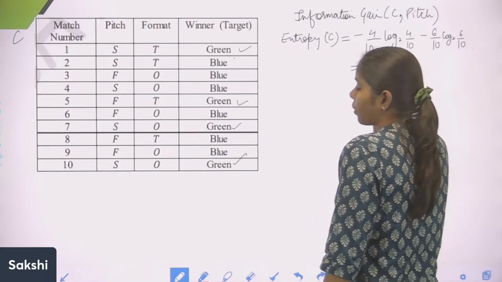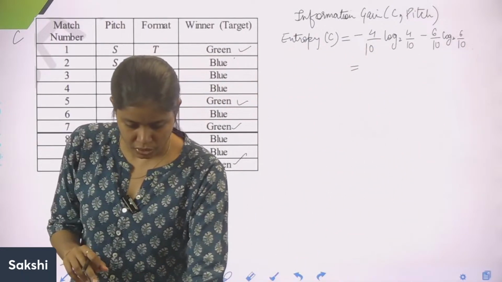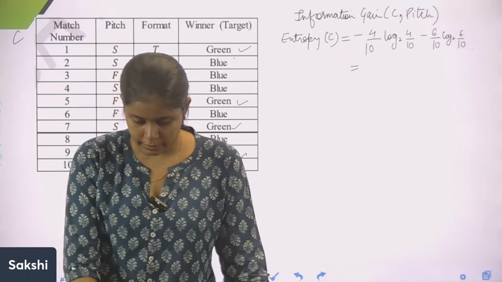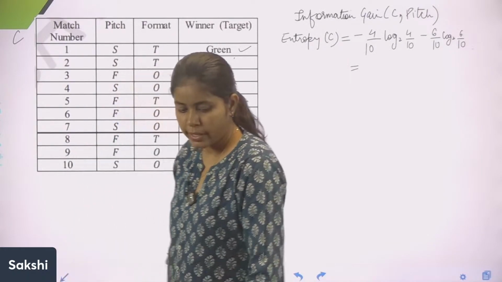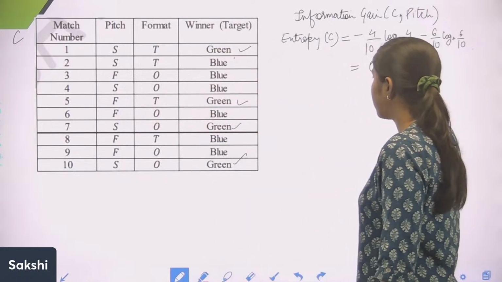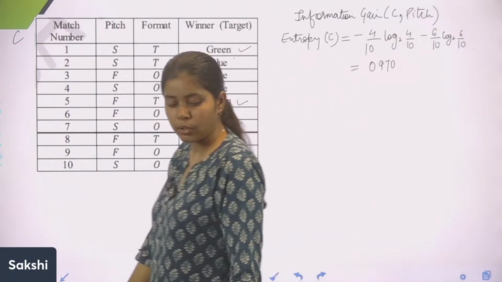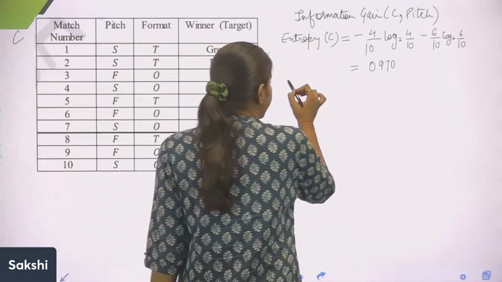So that would be the entropy. Now you can solve it using a calculator. On solving, you would get this value as 0.970. You can put all the values in the calculator and let me know if you are getting the same answer. That is your entropy.